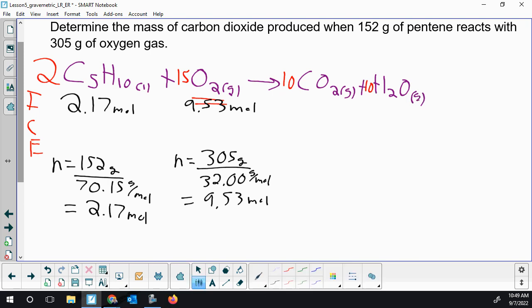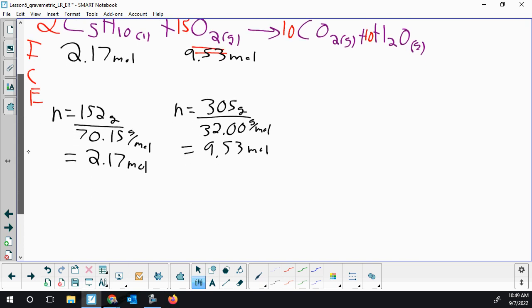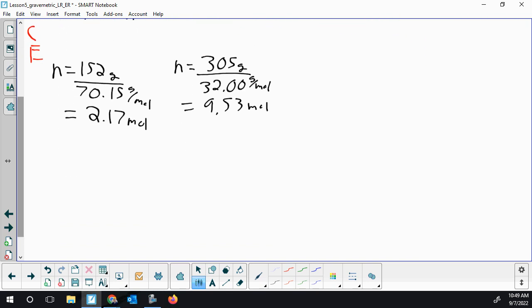Okay. So just looking at this, it's quite difficult to figure out which one's going to run out first. We have way more oxygen, but it reacts like 7.5 times faster. So we're just going to divide them and not worry about trying to figure out that 2 and that 15 in our heads. So our limiting reagent, what is it? So our first ratio would be 2.17 divided by 2.